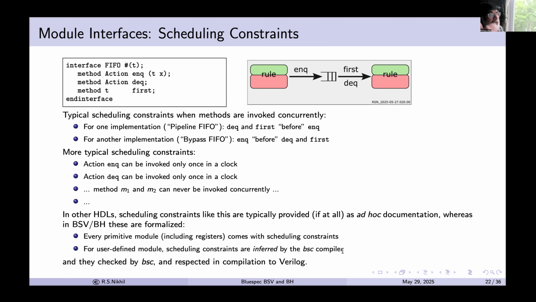And then for any user-level module that you define on top of that with its own interface and methods, the compiler systematically infers what scheduling constraints that implies on its methods, and recursively up through the module hierarchy. And it takes care of all of these things to make sure that all of these constraints are respected when we produce the Verilog.